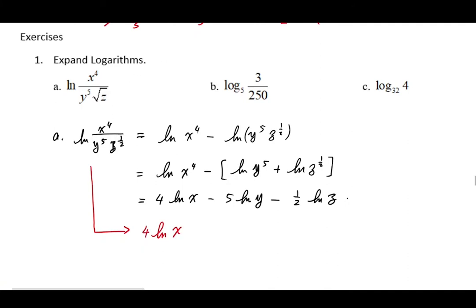This term is in the denominator, so minus, and then ln y with exponent to the fifth power in the front. Another denominator, so once again minus, and then ln z and exponent 1/2 power. How about that? Not bad, huh? Okay. Well, then the second one.